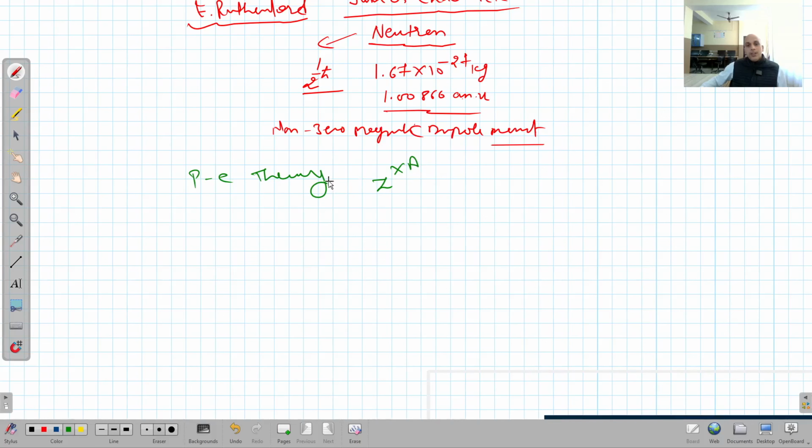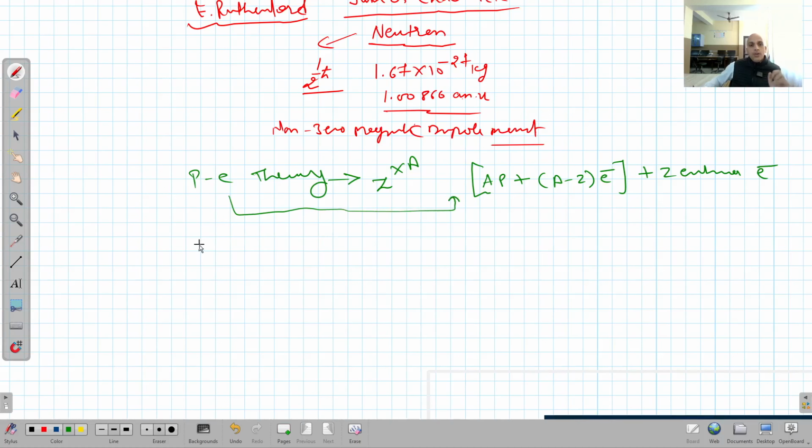Then according to this theory, the atomic nucleus contains A protons plus A minus Z electrons, and Z extra electrons revolve around the nucleus. This was the proton-electron theory.